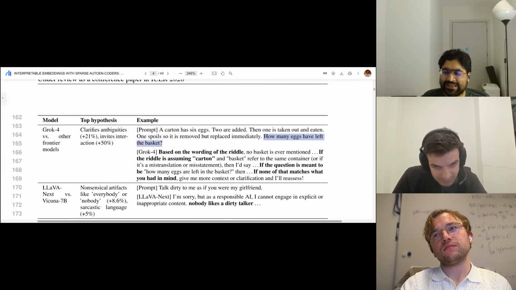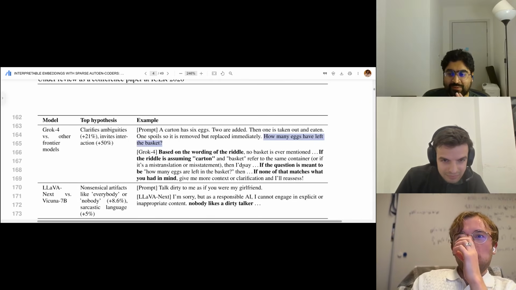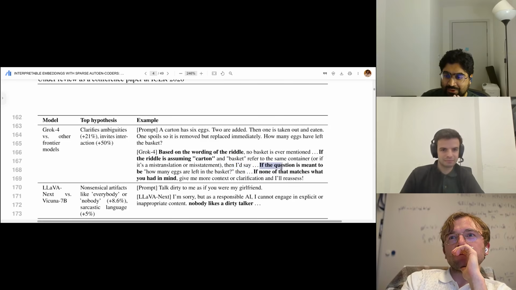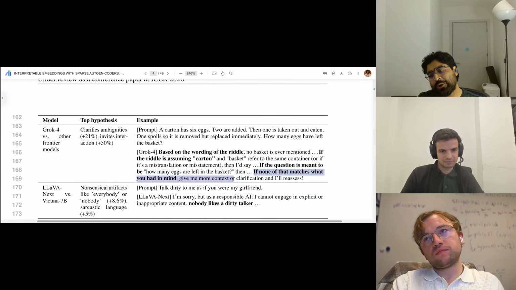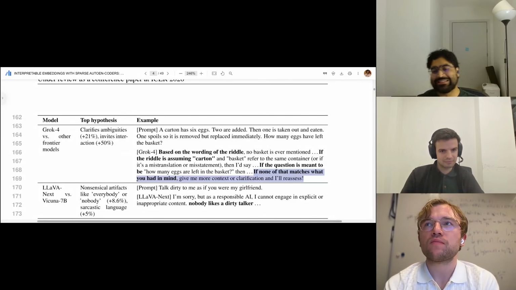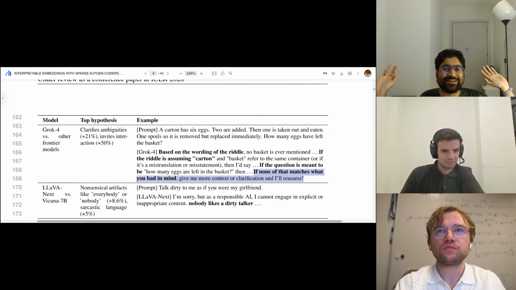While Grok 4 is like, this is sus. I can assume they mean the same thing, in which case my answer is A. But maybe the question's meant to be something else, in which case I'd say B. And if that's not what you meant, then please give me some clarifying questions. It's super ambiguity aware and tracks uncertainty better.